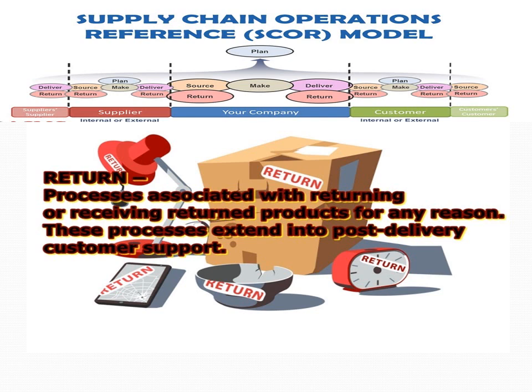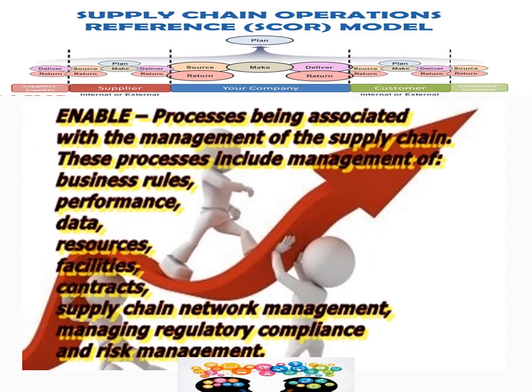So if there is any issue or problem, we take the goods back, and this is another process we do in supply chain management. After those processes, which are the main processes of supply chain management, the next are the processes we do to support those management processes. These we call enablers.